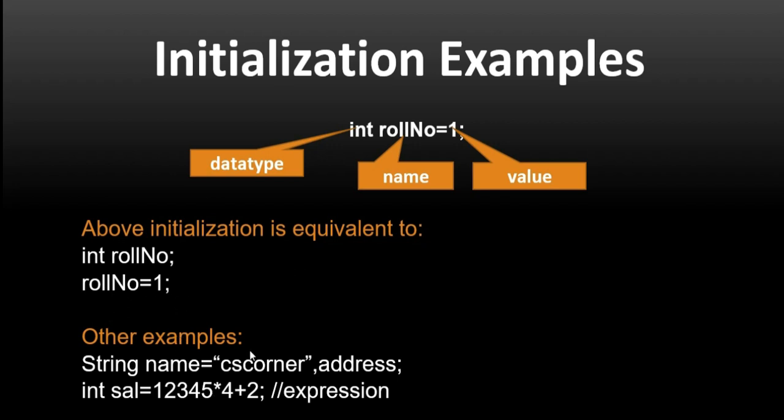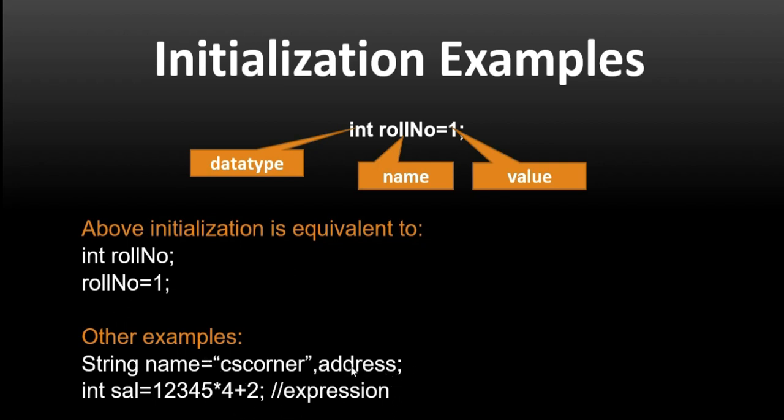Other examples of initialization of variables: for example, I want to initialize multiple variables and assign values to them. So here is the example, string name equal to CS corner comma address. Now my name variable is having value CS corner, but my address variable is not having any value.